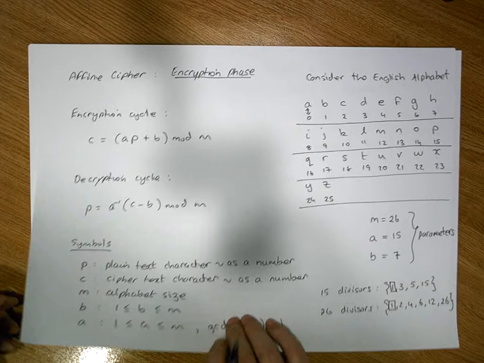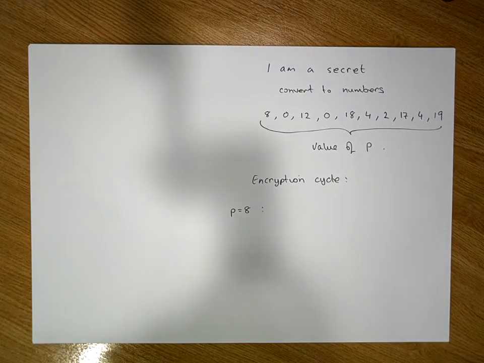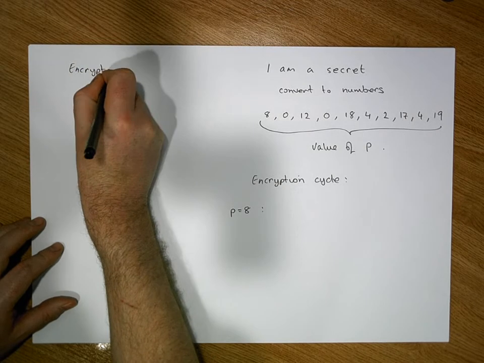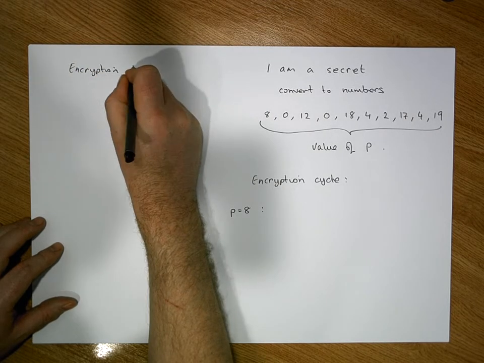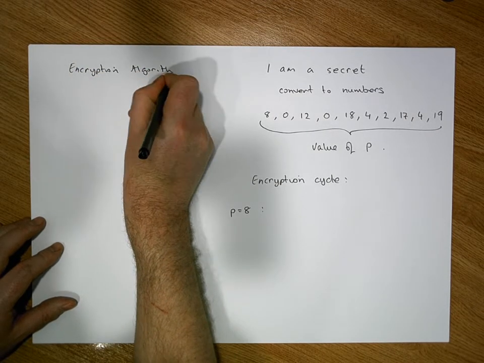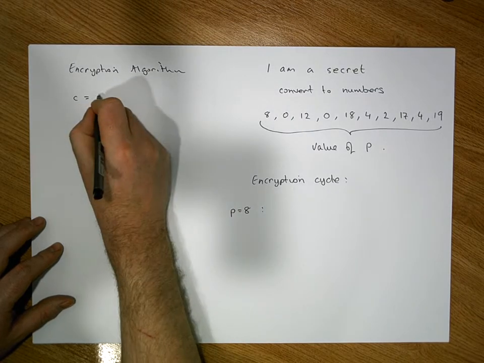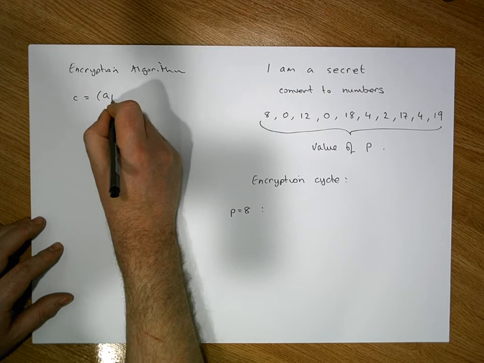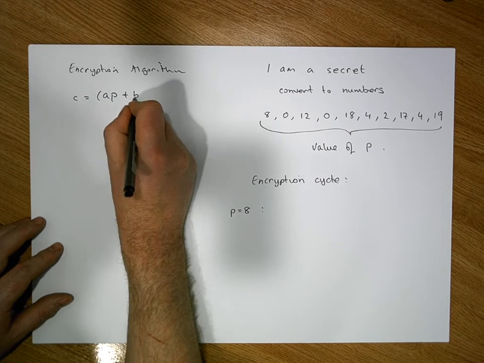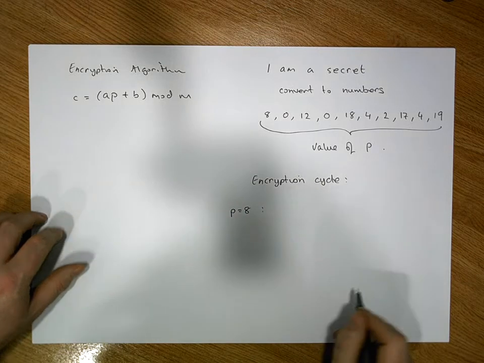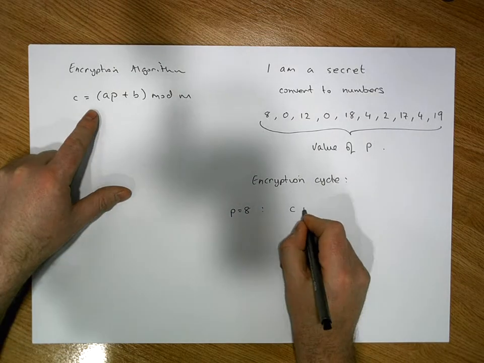So our encryption algorithm says that the ciphertext is equal to our A value times our P value plus our B value, modulo M. In this situation, the ciphertext is going to be equal to our A value.